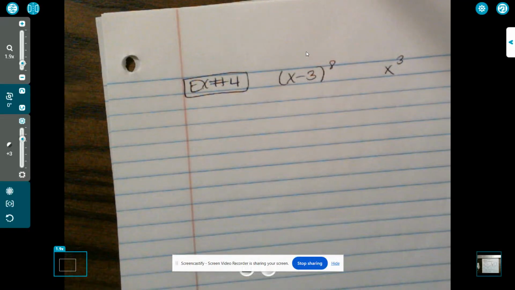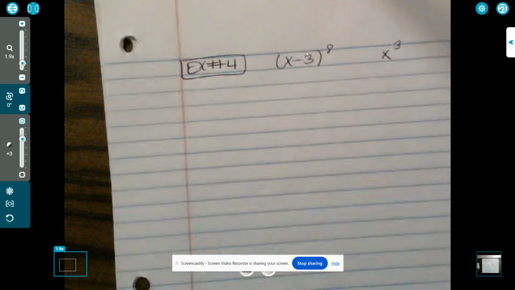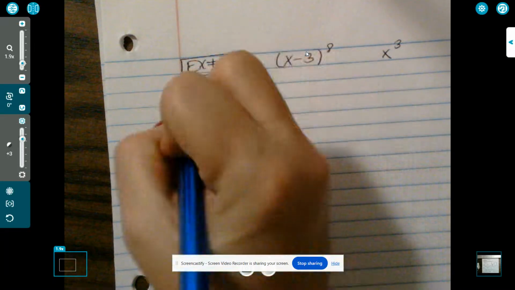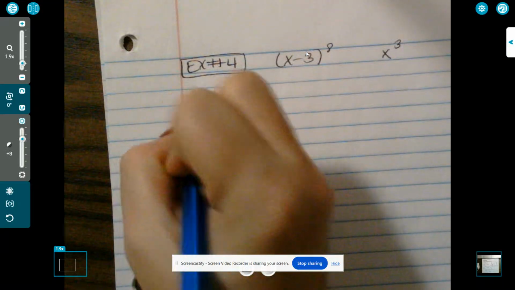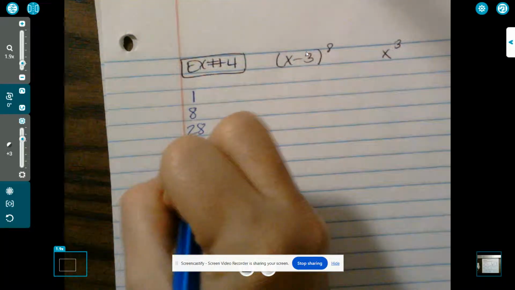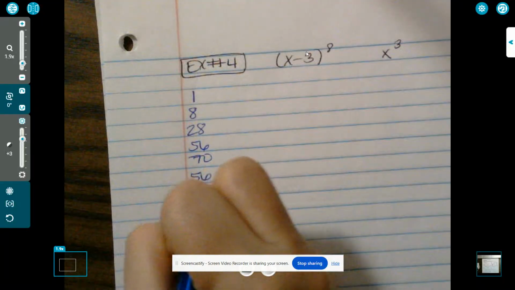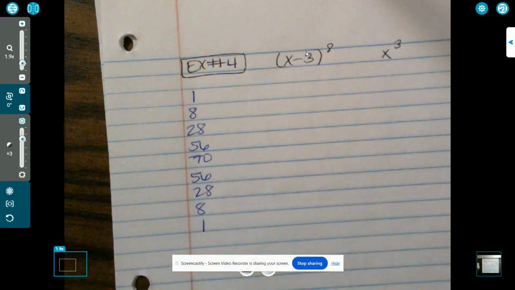Well, x cubed, remember we start counting down. I already did the 8th row coefficients in your notes because, like I said, I knew we were going to need it. So 1, 8, 28, 56, 70, 56, 28, 8, and 1.